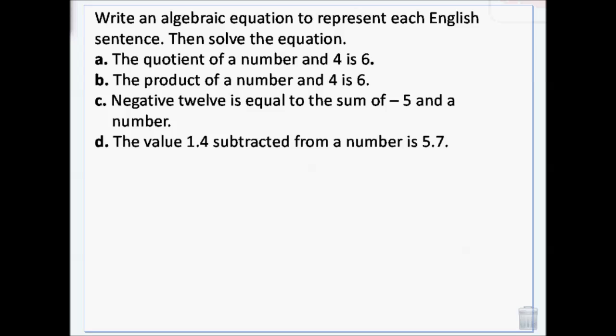All right, so whenever you talk about translating an equation, anytime they say a number, this means a variable of some sort. You can pick any letter you want. Quotient is division, product is multiplication, negative obviously, equal is equal, is means equal.